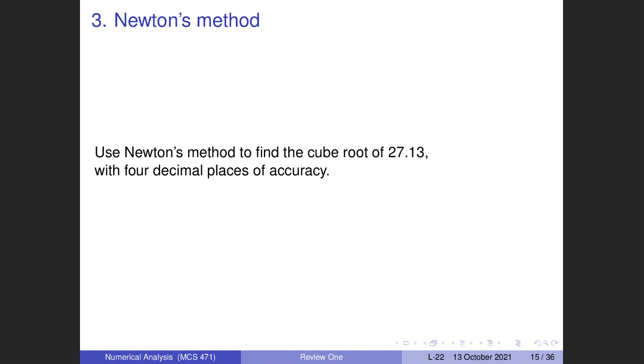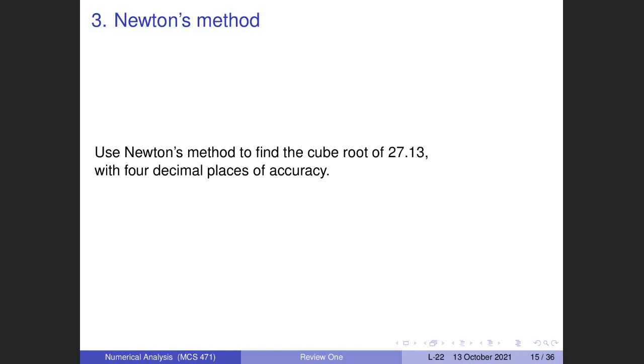All right, let's move on to the next method. This is a question that asks you also to set up the equation now. We want to run Newton's method to compute the cube root of a number given with 4 decimal places of accuracy. So then it makes sense to actually compute also up to 4 places of accuracy.